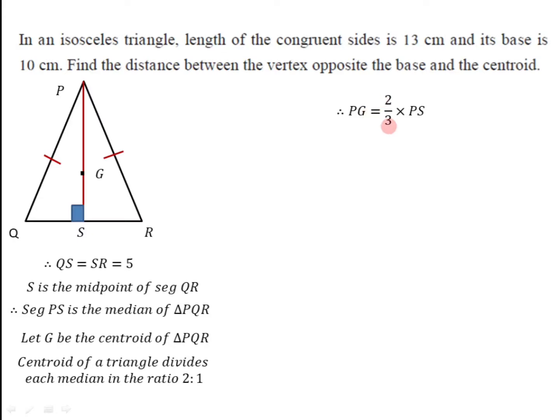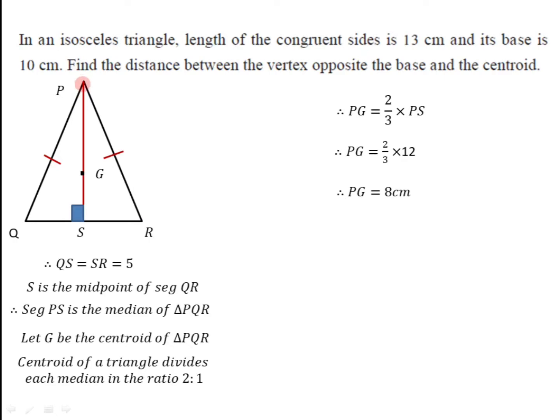So PG is equal to 2/3 into PS. Now we have found the length of segment PS earlier, that is 12. So we replace PS by 12 to get PG is equal to 2/3 into 12. Now if we divide 12 by 3, we get 4, and 4 into 2 is 8. We get the length of segment PG as 8 centimeter.